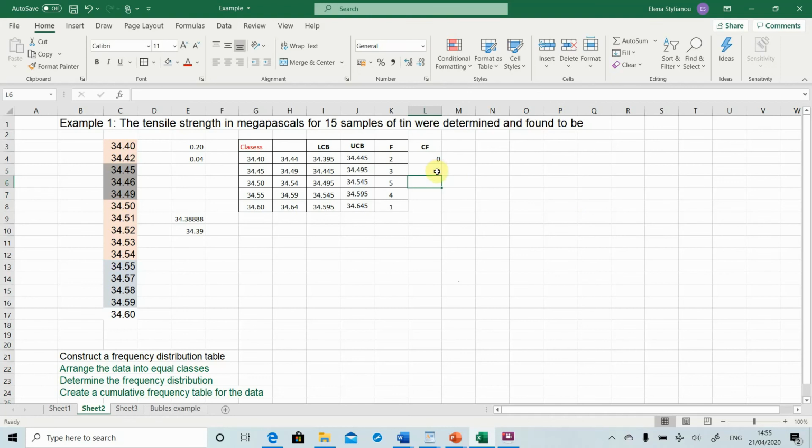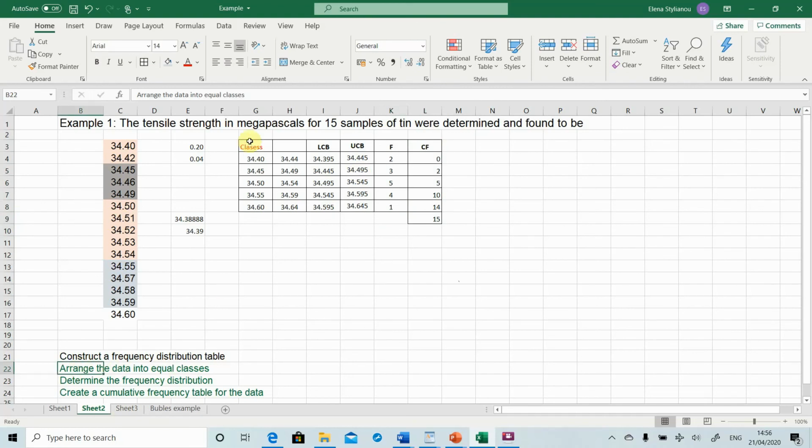You can set up this formula manually, and because we repeat the same calculation, you have to make sure you always come to the total. So this is your cumulative frequency, and you can see the total here. So what have we done?